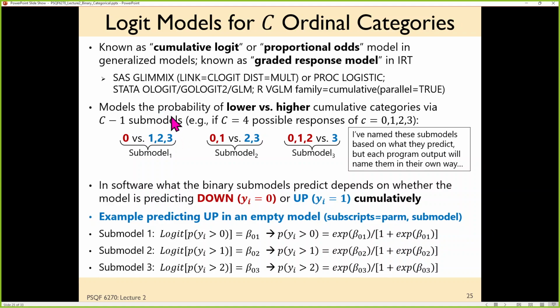The first one is going to predict the probability of 0 as one alternative versus 1, 2, or 3 lumped together. The second one is going to lump together 0 and 1 and contrast that with categories 2 and 3. And the last one will lump together 0, 1, and 2 and contrast it with 3. With me so far?